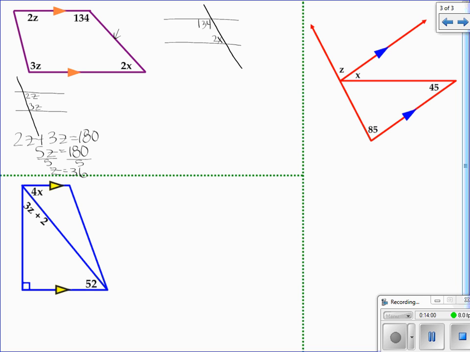They're also consecutive interior. Okay, so these are also supplementary. We'll solve this. Now, none of these are asking us to explain why we're picking what we're picking, so we don't need those if-then sentences. We just need to make sure we're setting them up right, either making them supplementary or equal to each other.